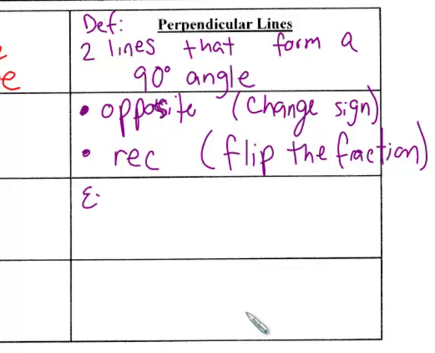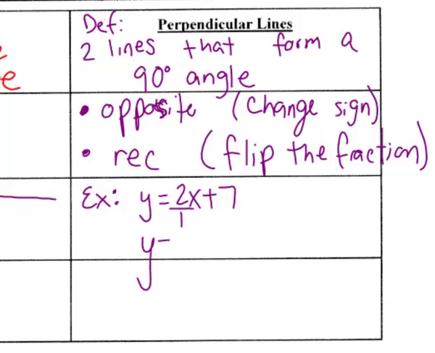Alright, so an example of that would be, I'm going to go back to my 2x plus 7 over here. So I've got y equals 2x plus 7. Now, the reciprocal says flip the fraction. Well, my 2 is just a whole number. So in order to make it a fraction, I'm going to put it over 1.